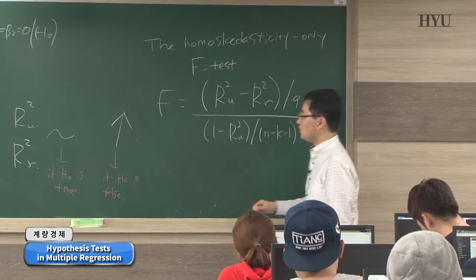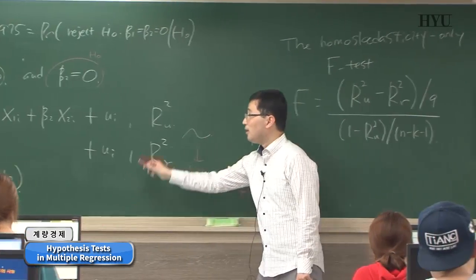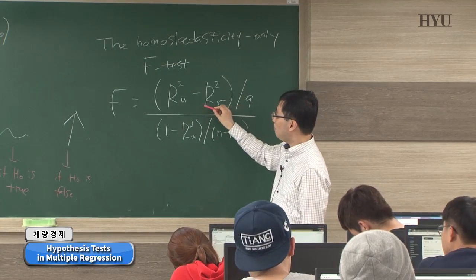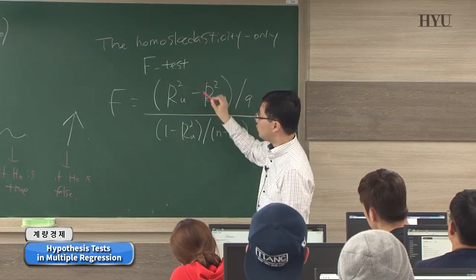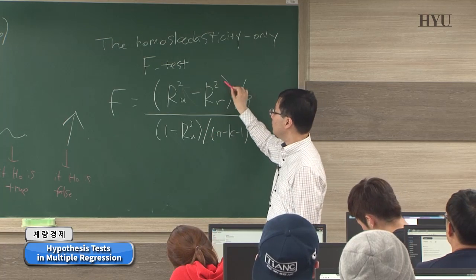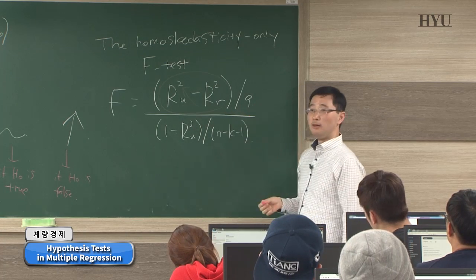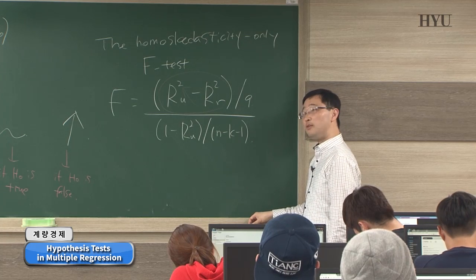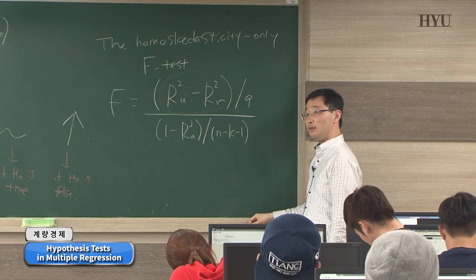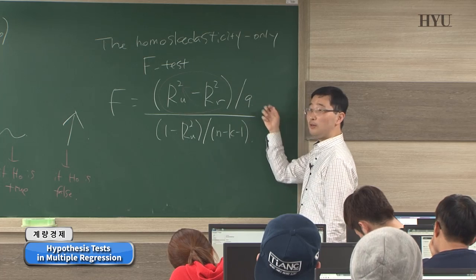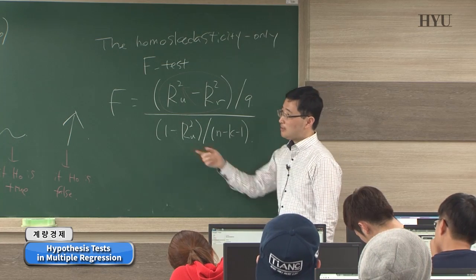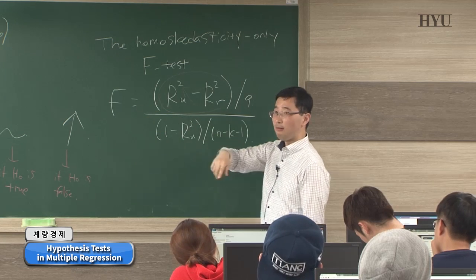Now the idea is, if the null is false, then we see a big jump in the R squared. So the difference is going to be big enough. But the difference also depends on many other things. It depends on Q. If the number of restrictions goes up, then the sizes of the two models differ a lot.